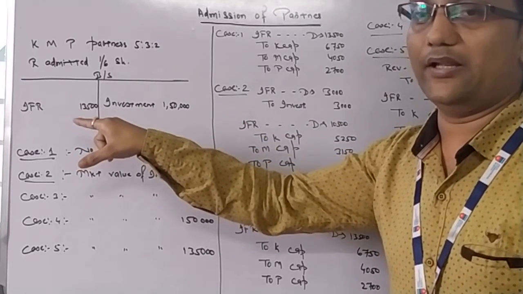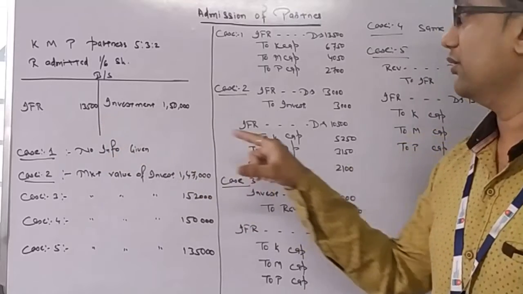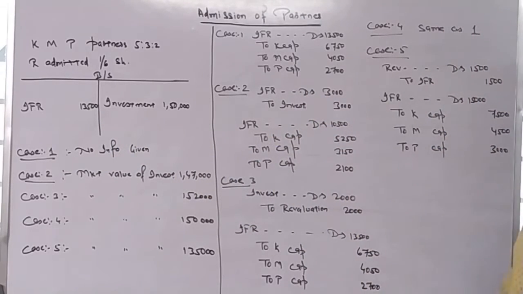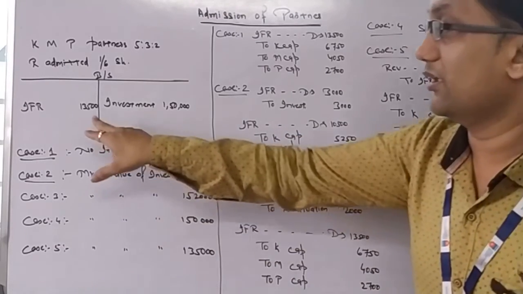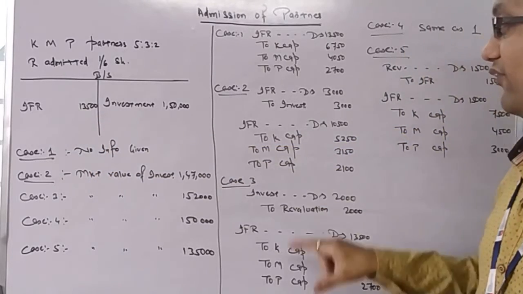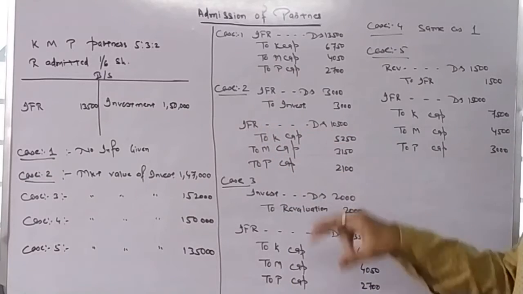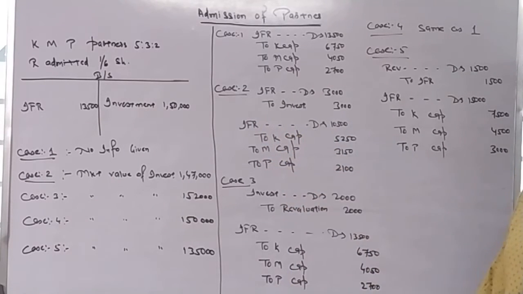The reserve is a credit balance, and I am utilizing it, that means I am cancelling it, so it will be debit. Investment fluctuation reserve account debit to investment 3,000. Investment fluctuation reserve 13,500 was there, 3,000 utilized. Remaining 10,500 will be distributed among old partners. So IFR account debit 10,500 to K's capital, to M's capital, to P's capital.